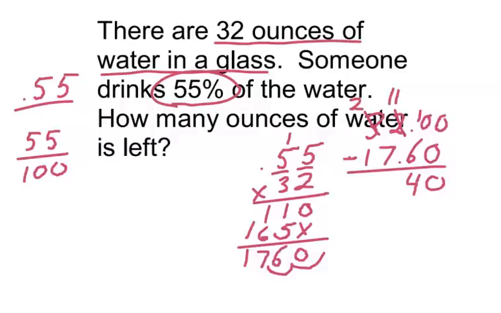So 11 minus 7 is 4. And then 2 minus 1 is 1. So 14.4 is the answer. So 14.4 ounces of water is what is left. So that's how we get that answer.